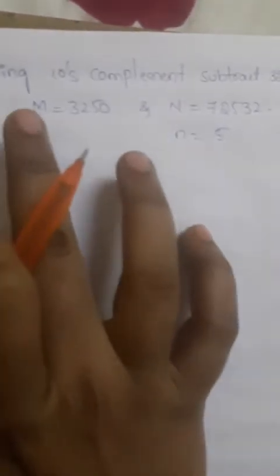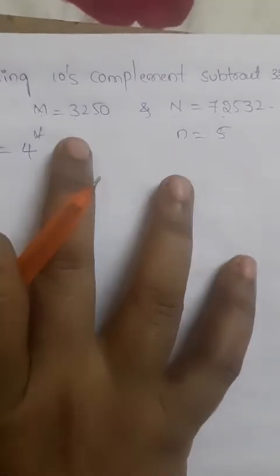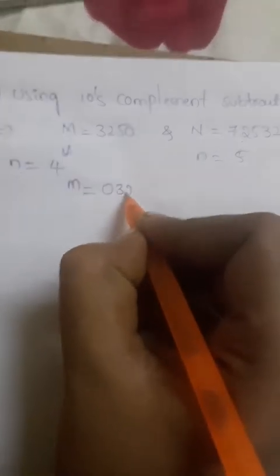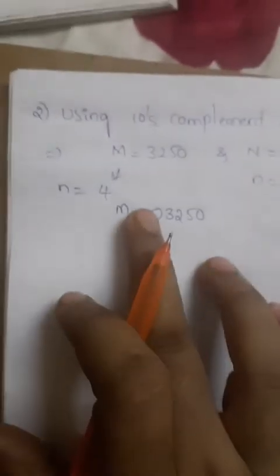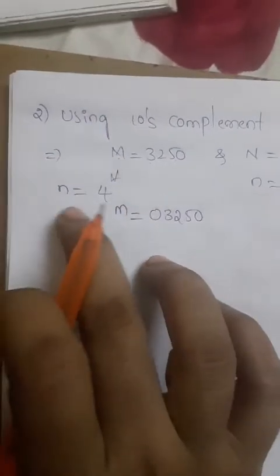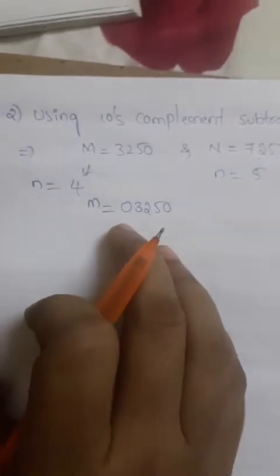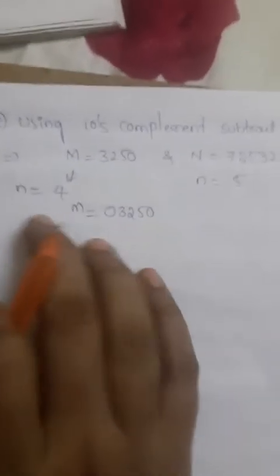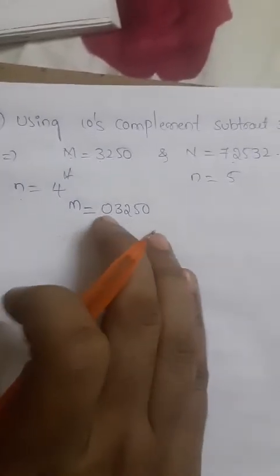For the tens complement method, the two numbers must have the same number of digits. For that purpose I can add a 0 to the m number 3250, so m will again have 5 digits. Adding a 0 doesn't change the value. So m is equal to 03250 and n is equal to 72532.